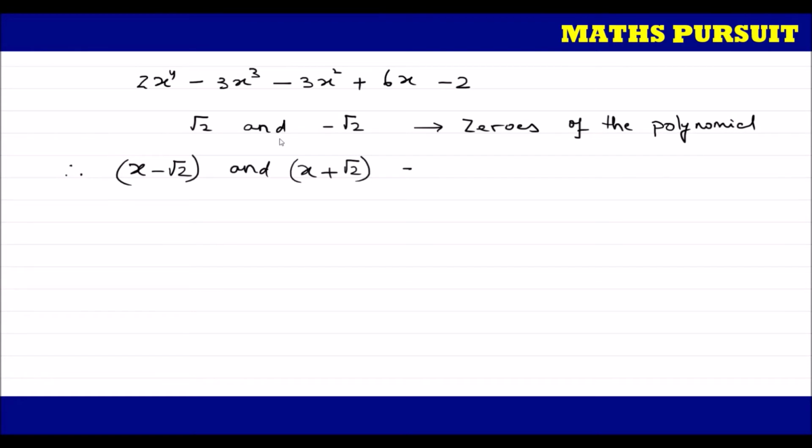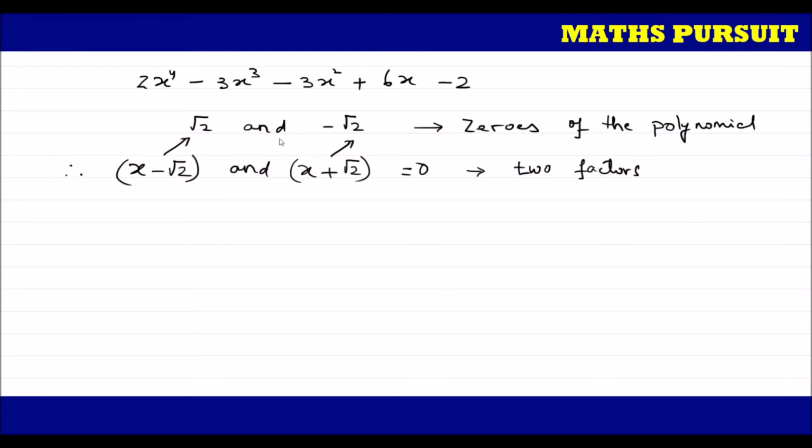As these are the zeros of the polynomial, the factors would be x minus root 2, which represents x equals plus root 2, and x plus root 2, which represents x equals minus root 2. So these are the two factors that we are getting from the given zeros.